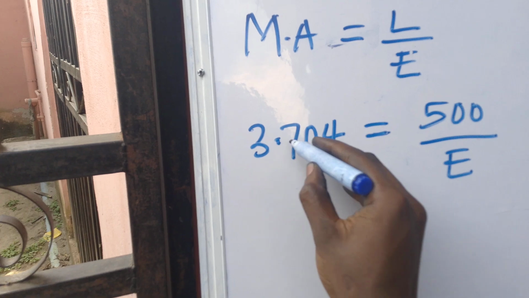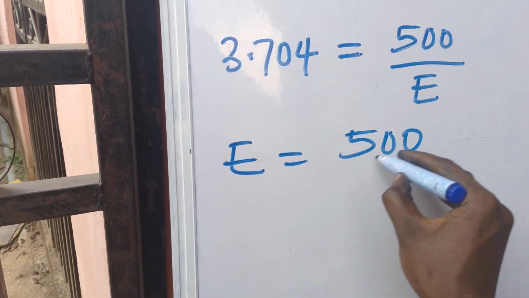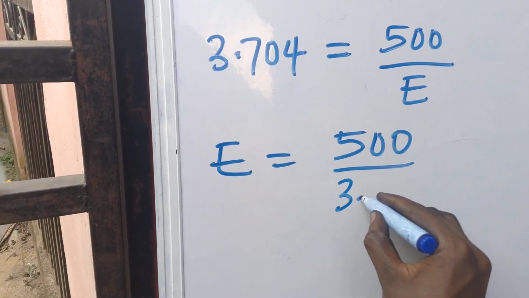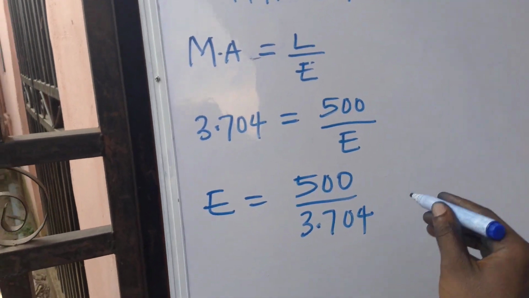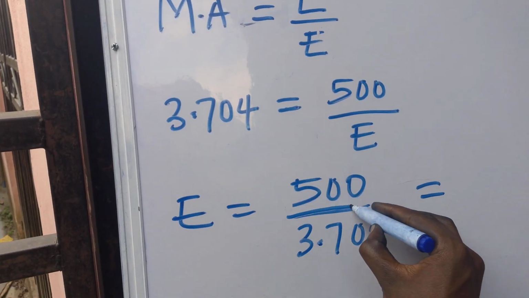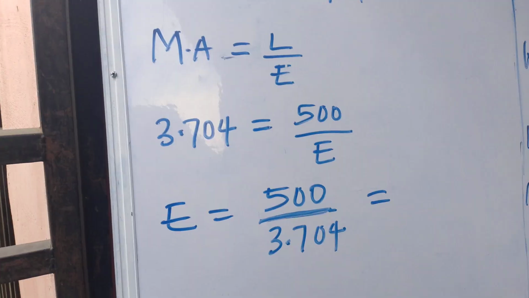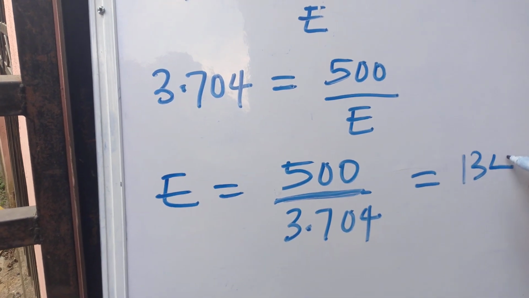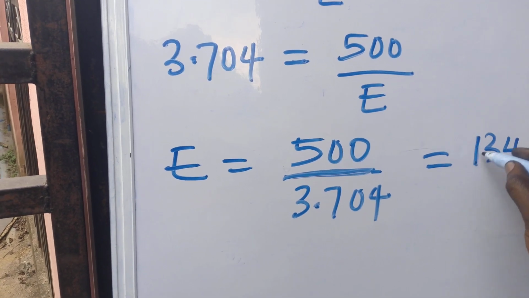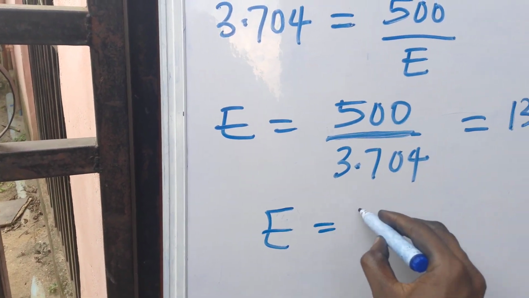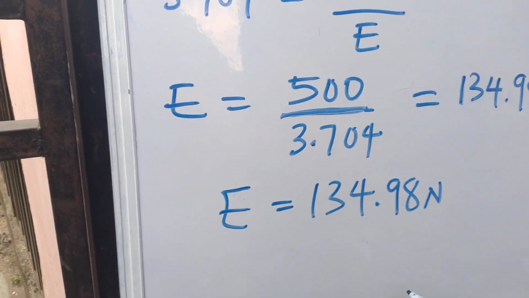So I can then interchange positions, and I'll have the effort as 500 divided by 3.704. Okay, so if I divide, I have the effort as 134.98 Newton.